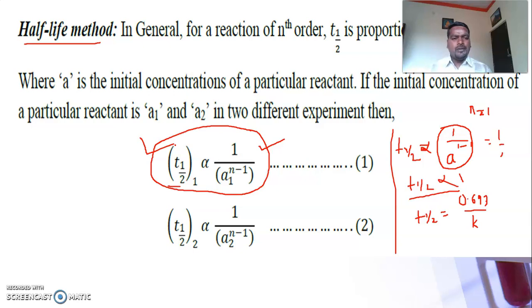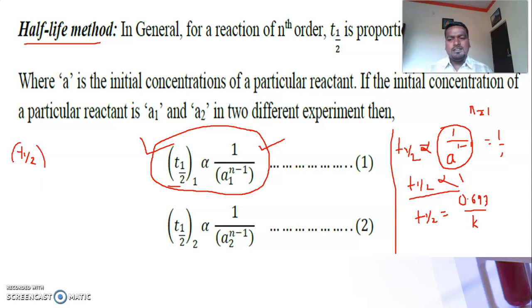So now we are going to derive the expression for the order of a reaction by the half-life method. It is very simple. In the previous method we measured the rate of the same reaction at two different concentrations. Here also we are going to measure the half-life of a reaction at two different concentrations.